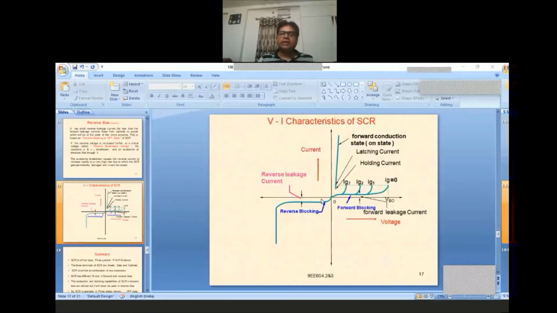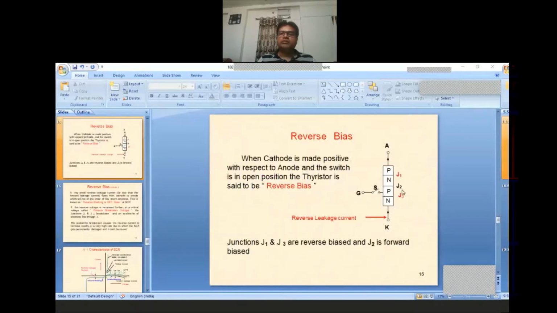But if you further increase the reverse voltage, there appears reverse breakdown. When you compare these junctions in the reverse biased conditions, junction J2 will vanish immediately because the holes from the inner P region and electrons from the inner N region will enter into junction J2, but the opposite will occur at the junctions J1 and J3, so they will go on increasing in their width.